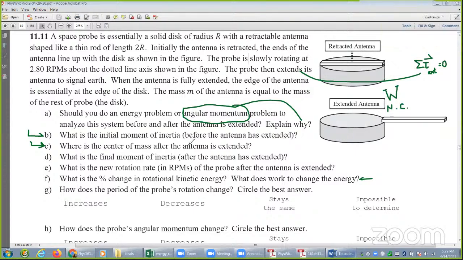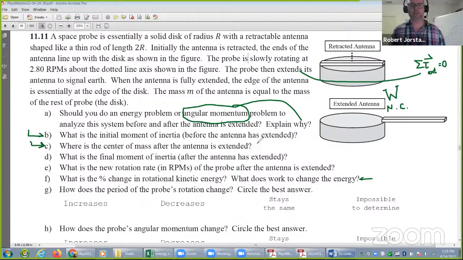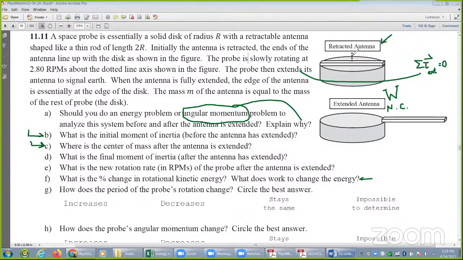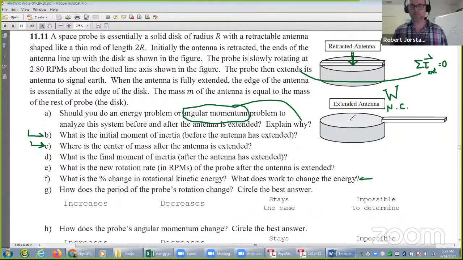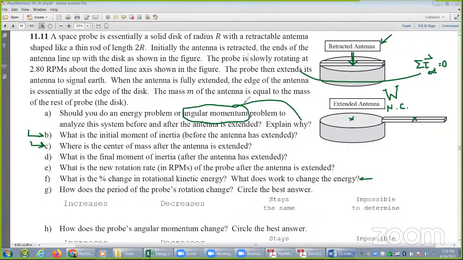It stays the same? No. Let me ask you this. Where is the center of mass in the first problem? In the center? It's right there, right? Yeah. Well, here's some mass. There's some mass. Where's the center of mass now? It shifted to the right?